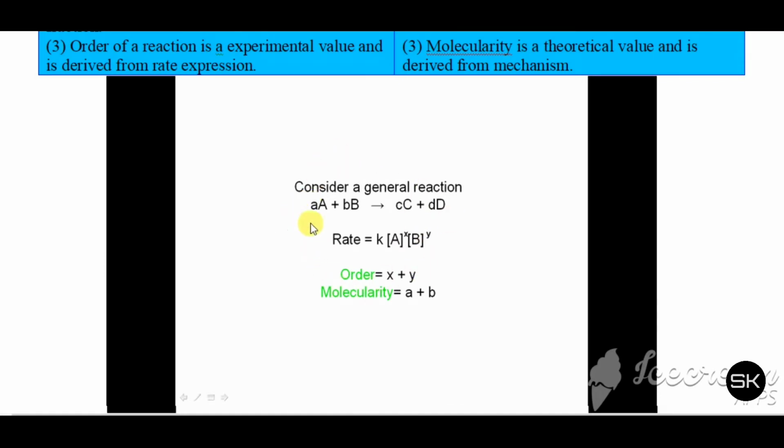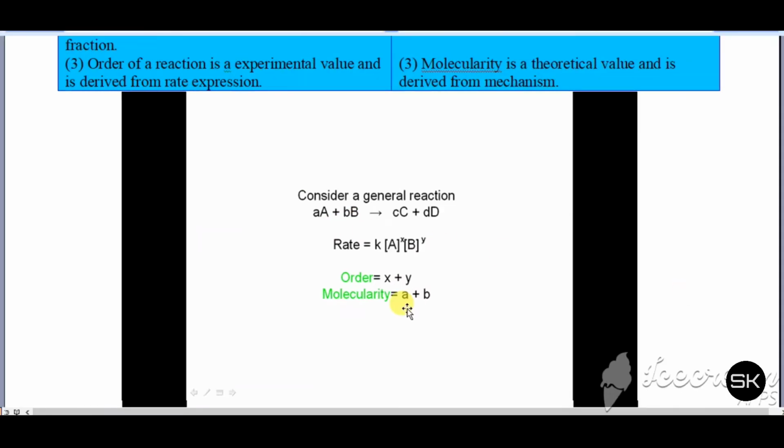Here the order of this reaction is x plus y and the molecularity of this reaction is a plus b, where small a is the number of molecules of the first reactant species A and small b is the number of molecules of the second reactant species B.